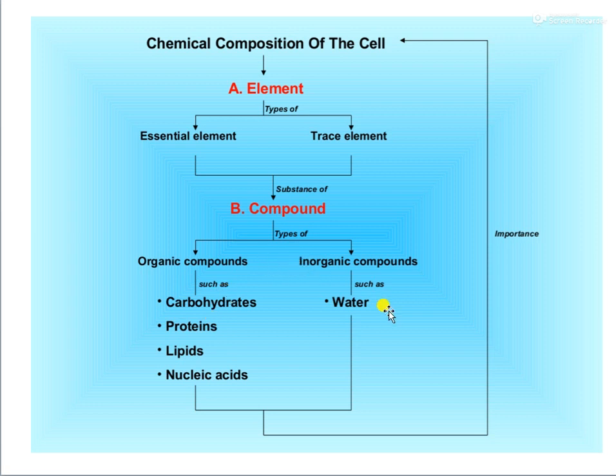Or they can be inorganic, such as water. Each compound plays an important role in the chemical composition of a cell. We know that if a cell is completely dehydrated, the cell will lose its proper functional ability.